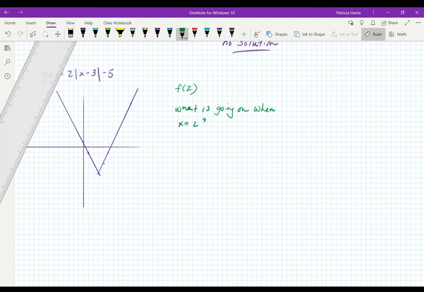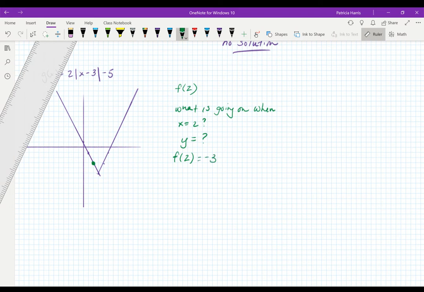Basically, you're looking for a y value. So f of 2: you find x equals 2, you go down to your graph, and you find the y value. Well, the y value happens to be -3. So you just find the point.